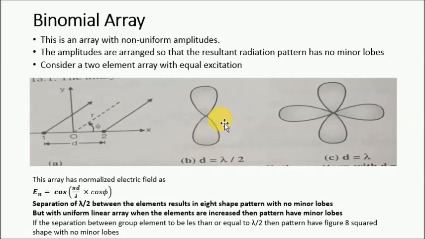If the separation between the elements is kept less than or equal to lambda by 2, the pattern is figure-8 shaped and has no minor lobes. But if the distance is greater than lambda by 2, it has some minor lobes.